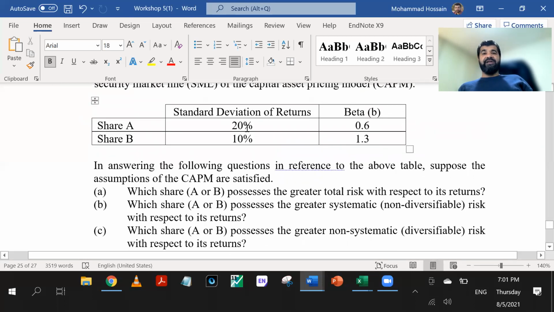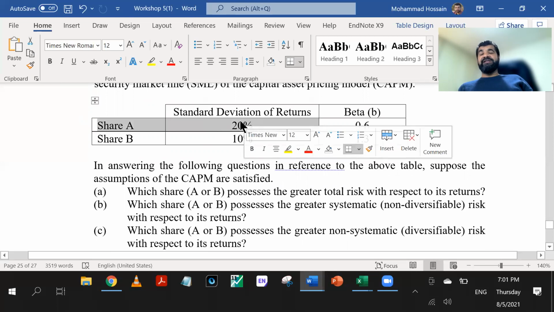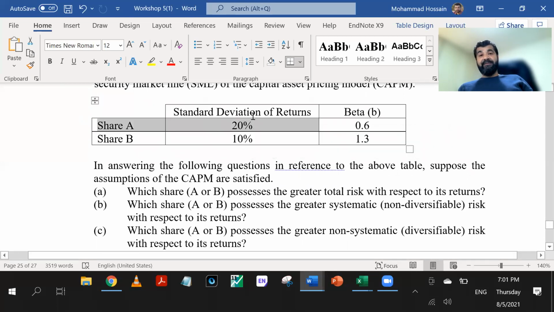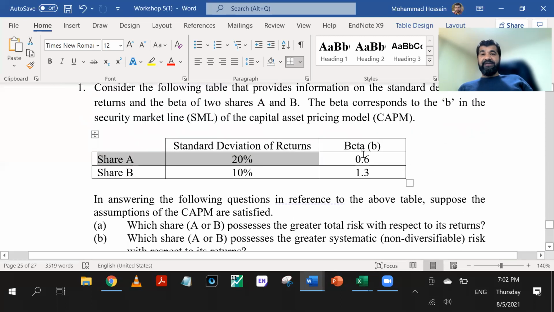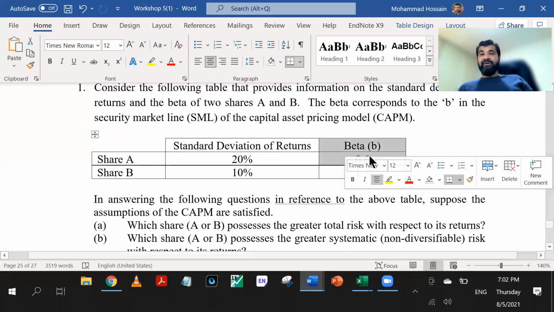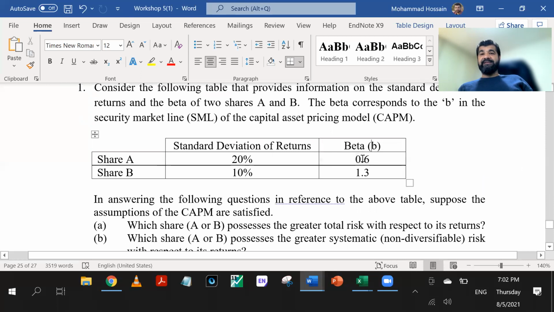The standard deviation of return is 20% for A, B is 10%. Which one has a greater risk? A. The higher standard deviation will tell you about the risk of the share. Okay. Here, look at the beta as well. Beta is also risky, 0.6 is your beta.